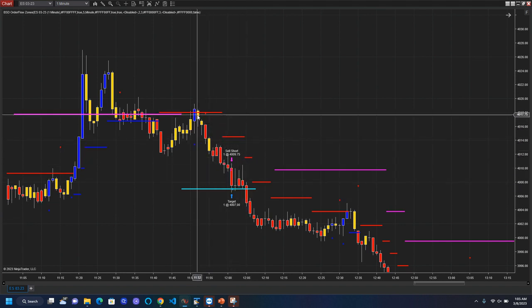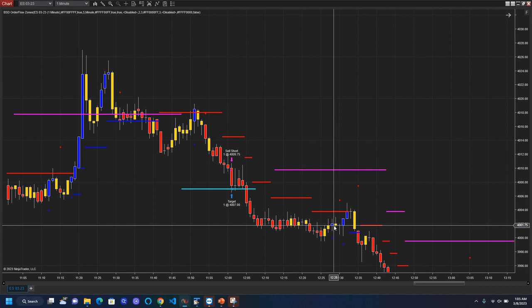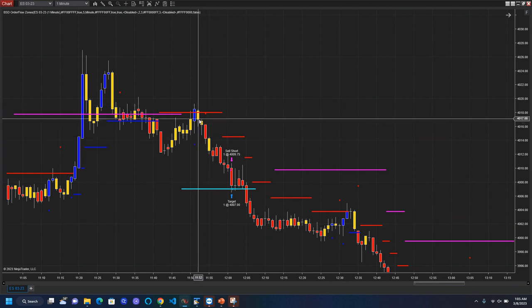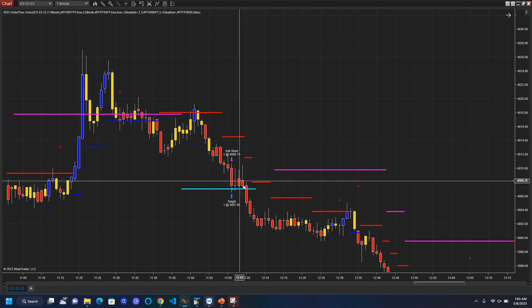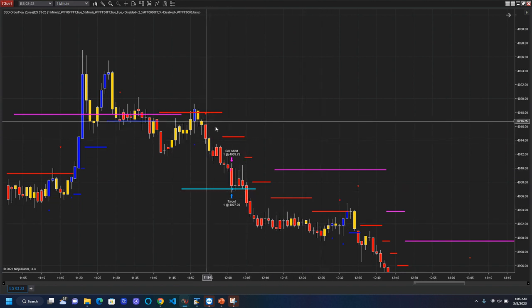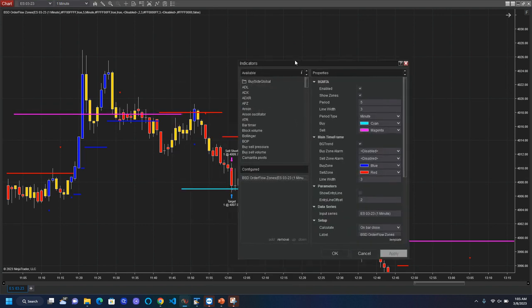Let me show you before and after. From almost 11:52 till like 12:28, you can see it's just a mix of red and yellow. Can you see it? That means it's a downtrend. If you don't have this indicator, I want you to see the difference.